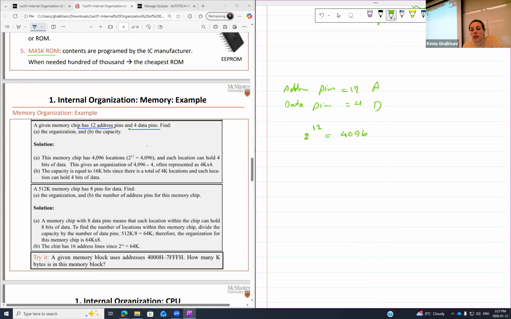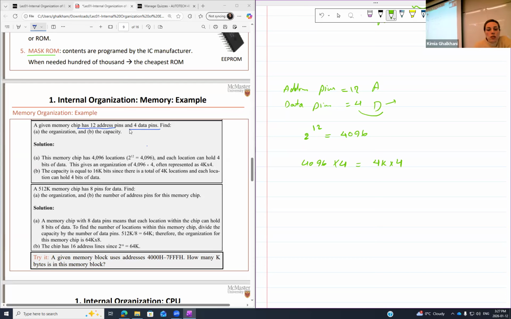Each location is supposed to have 4 bits of data, so I have 4096 times 4, which is 4K times 4. This is the organization. This is how we calculate the organization.